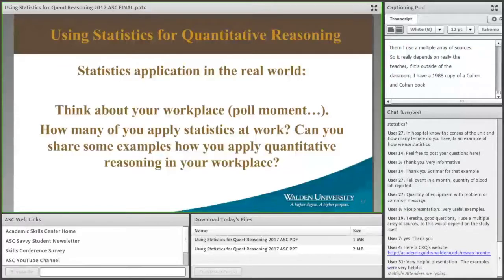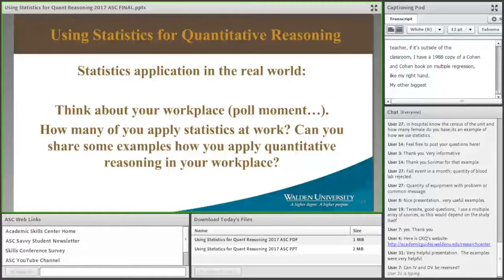This is like my right hand. My other biggest book, which I took in the very early parts of my PhD, is the basic research methods in social sciences. I always go back and forth to that one.